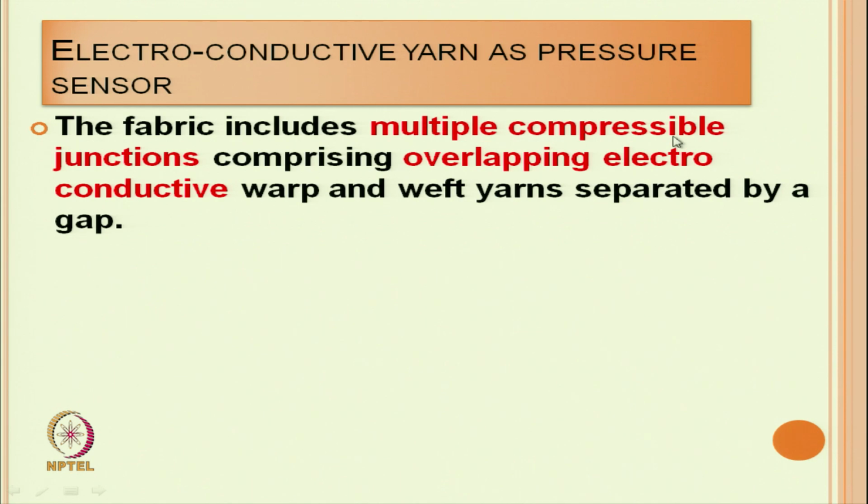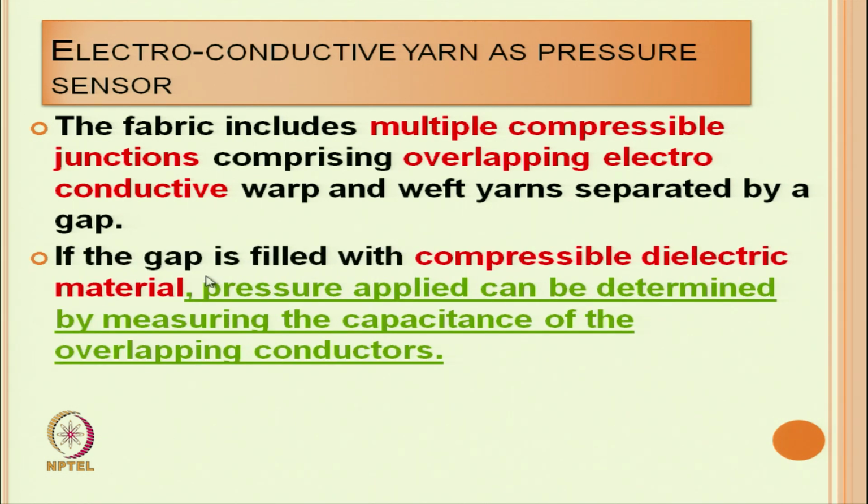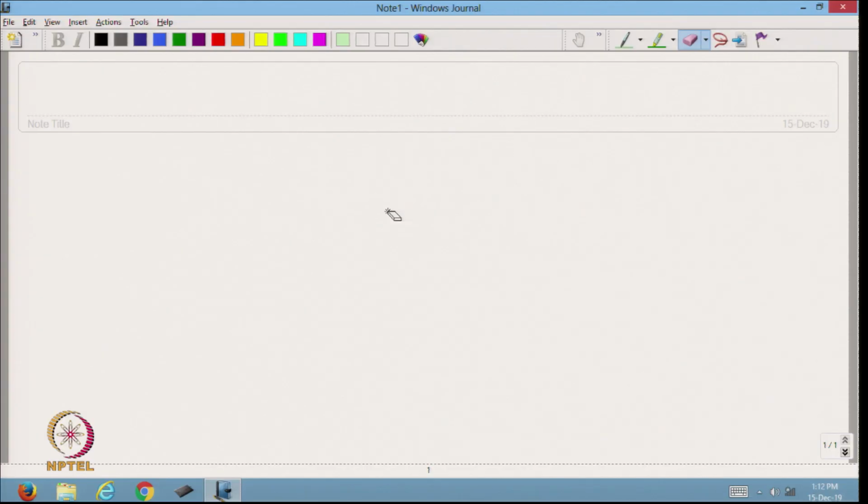The fabric includes multiple compressible junctions comprising overlapping electroconductive warp and weft yarns separated by gaps. So, there will be a gap created. If the gap is filled with compressible dielectric material, now try to see here, suppose this is warp yarn, this is warp yarn, and here we have weft yarn.